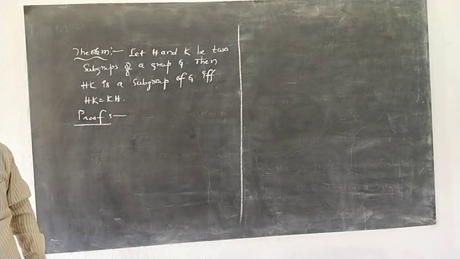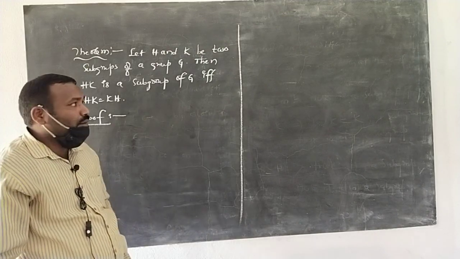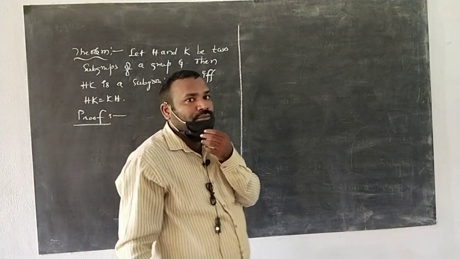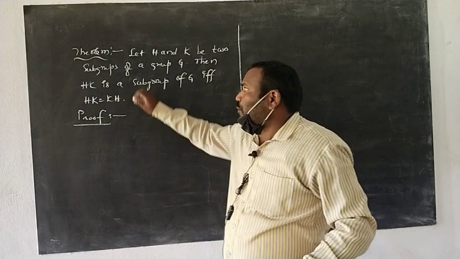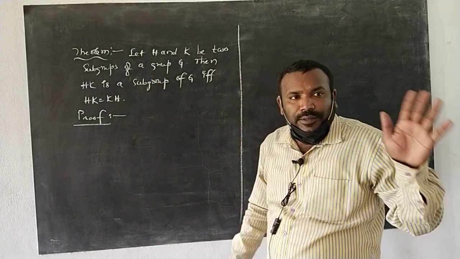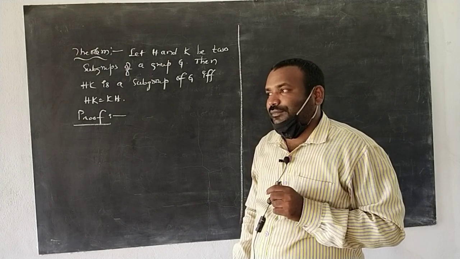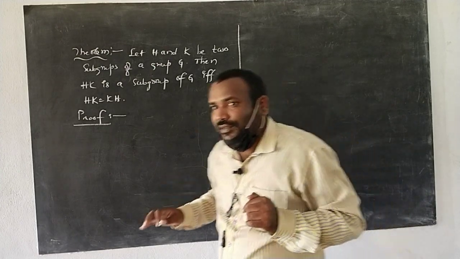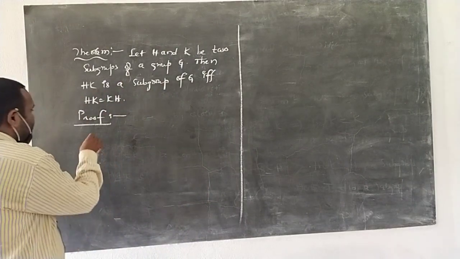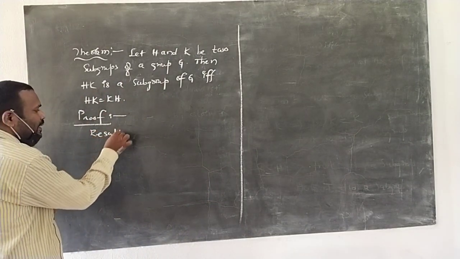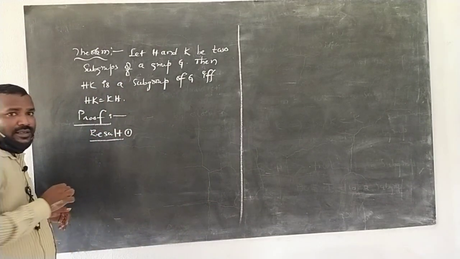Write the proof. So to prove this theorem we use two important results. Two important results are used in this theorem. What are those two results? Result 1, already these are the theorems which are already explained.